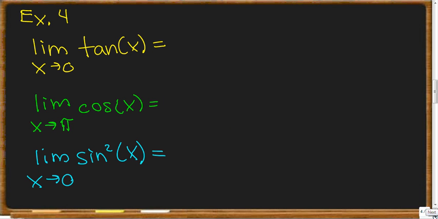Now for trig functions, it's the same way, but we have to evaluate whatever the function is at that particular angle. So we're given angles of 0, pi, and 0. We will show you how this works. For tangent, I always think it's best to break it down into sine and cosine. So this is the same thing as the tangent of 0, which is the sine of 0 over the cosine of 0.